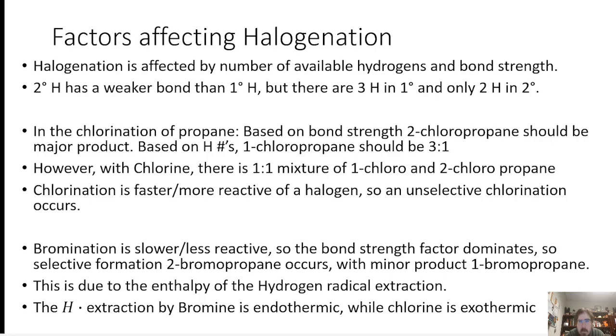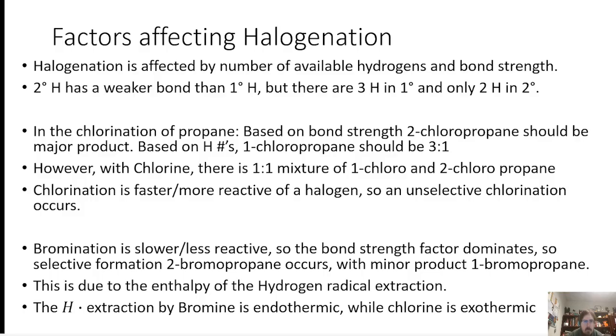So remember, we talked about in radical stability, tertiary radicals being more stable than secondary, being more stable than primary, being more stable than a methyl radical. So while secondary hydrogens have a weaker bond than primary, there are 3 hydrogens in a primary carbon and only 2 in a secondary carbon. So we have 2 competing things.